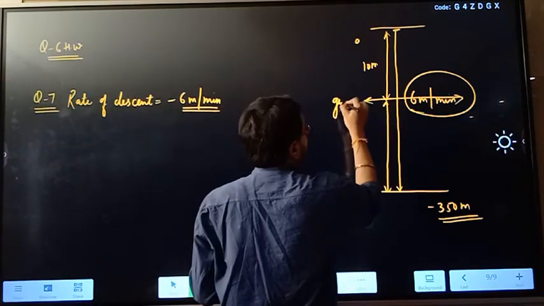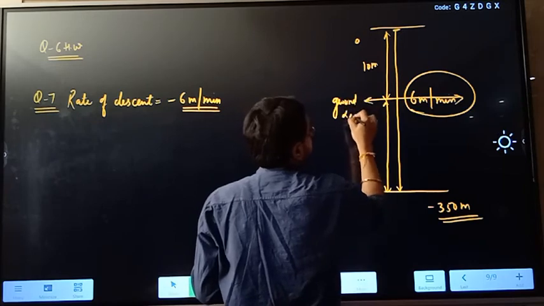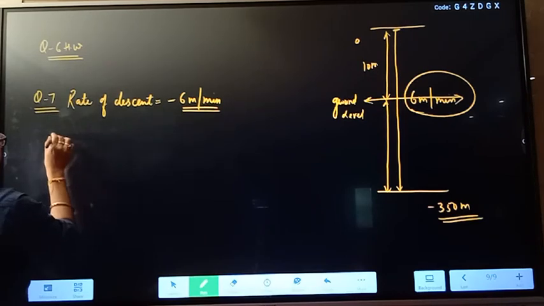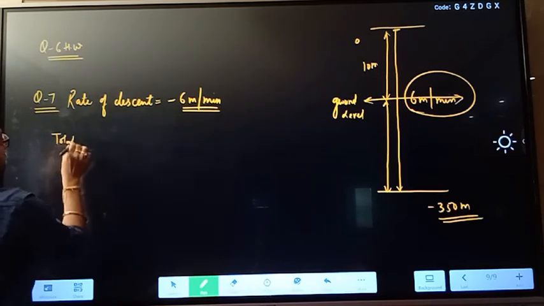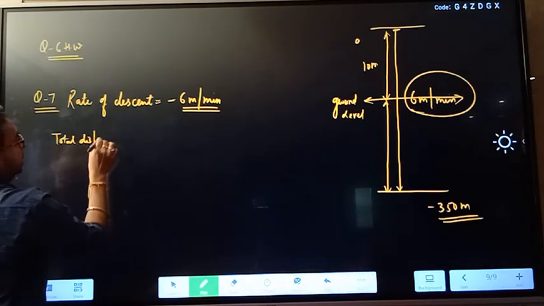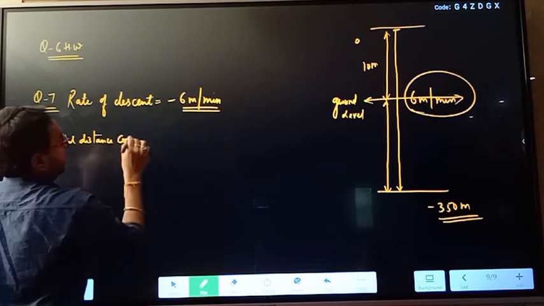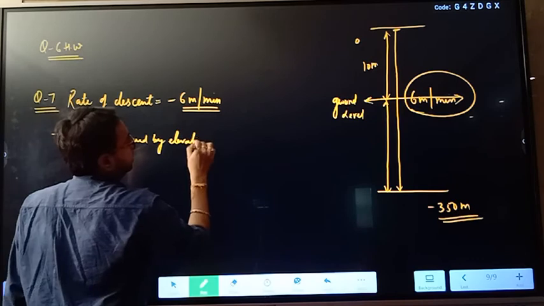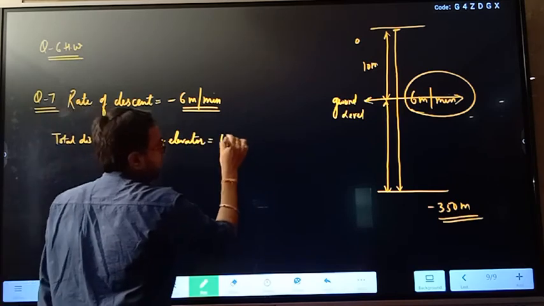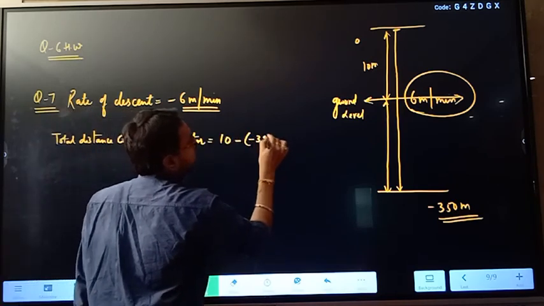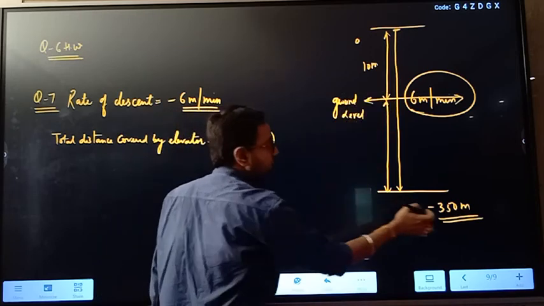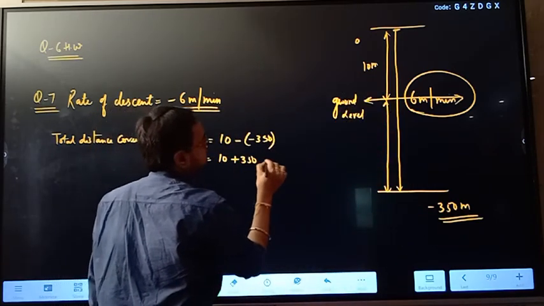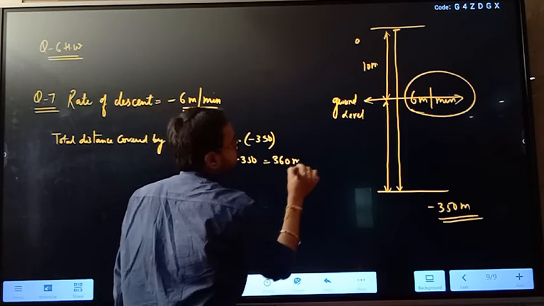If this is the ground level, simple. Same question, aeroplane, remember? So same thing. First of all, total distance covered by elevator, that's 10 minus of -350 because going down to -350, that's 10 plus 350, that is 360 meters the total distance.